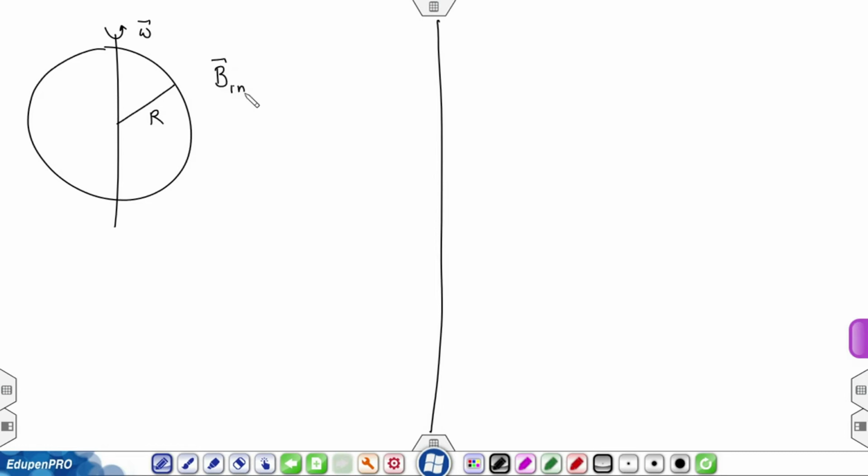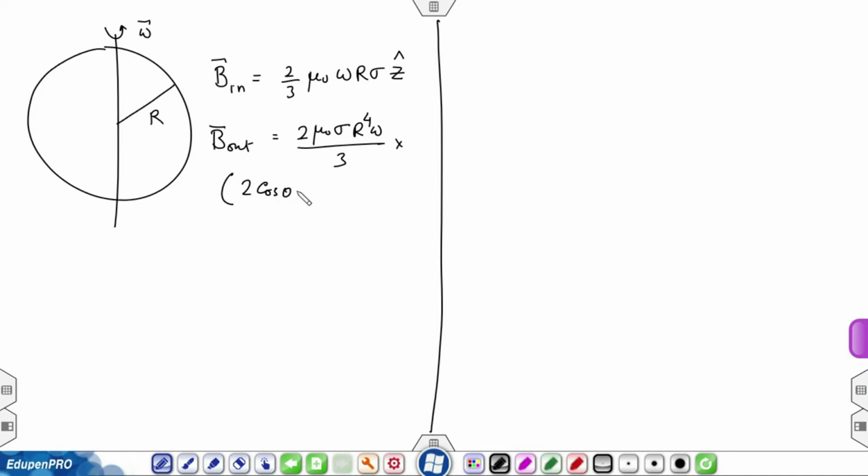B in, that is for r less than R, is 2/3 mu 0 omega R sigma in the z direction, and B out is equal to 2 mu naught sigma R raised to 4 omega over 3 times (2 cosine theta r-hat plus sine theta theta-hat).